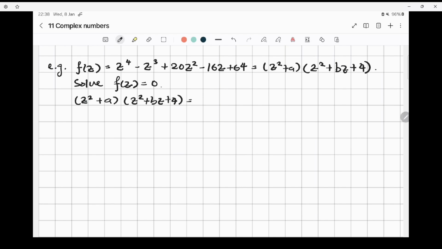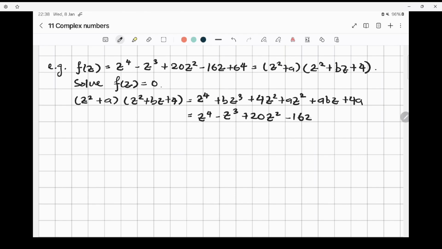So then you just expand this, you get z power 4 plus bz power 3 plus 4z squared plus az squared plus abz plus 4a. So this has to be equals to z power 4 minus z power 3 plus 20z squared minus 16z plus 64.